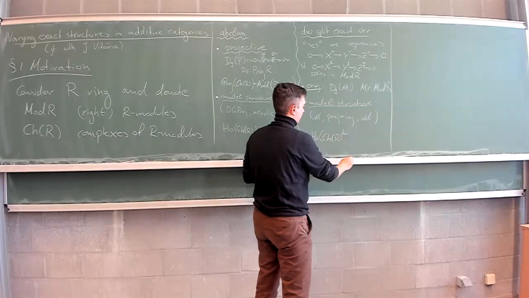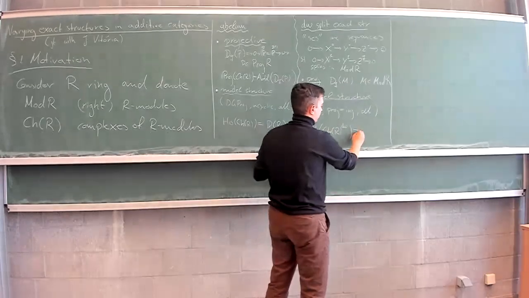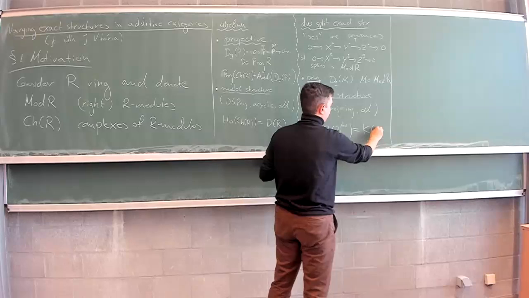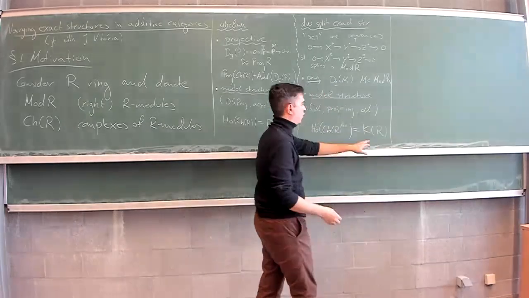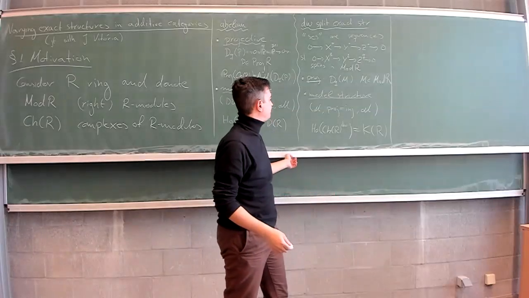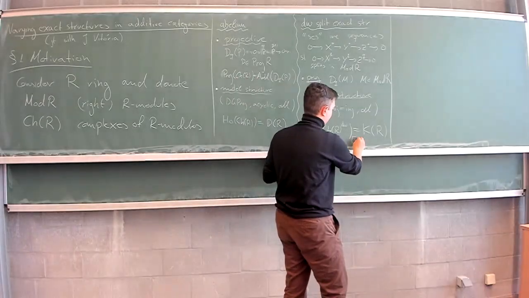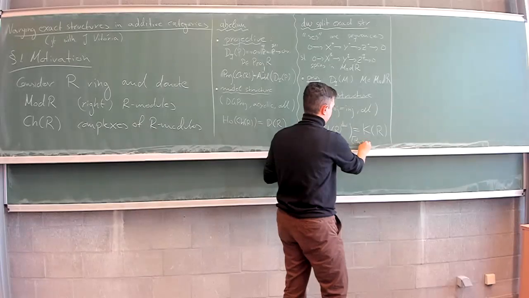Now the homotopy category here, with the degree-wise, let's say, split exact structure, is proven by Happel to be the homotopy category of complexes. Okay? So these are complexes modulo chain homotopies. And this is a result from Happel from the 80s.